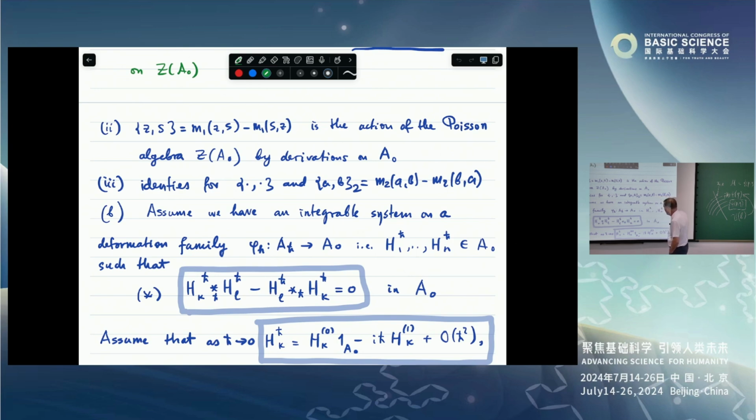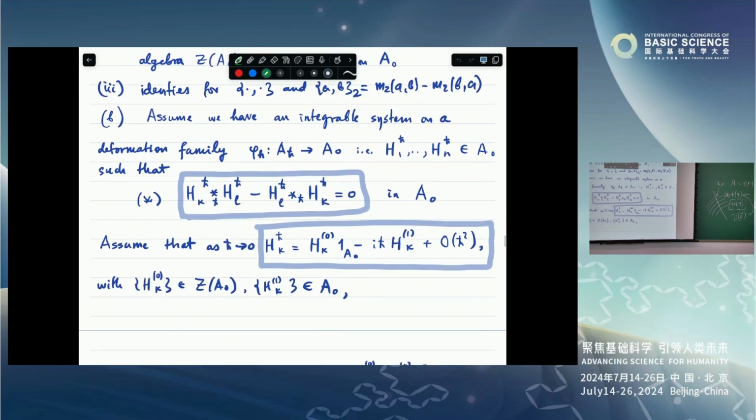Okay, so now assume that in this deformation family we have a quantum integrable system, which means that we have quantum star-commuting Hamiltonians. So that's what people in quantum integrable systems do, and then they look for examples.